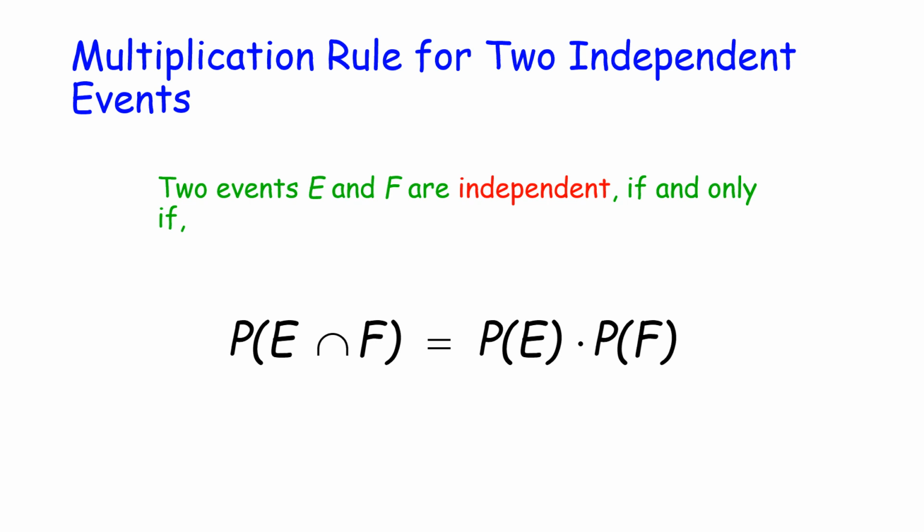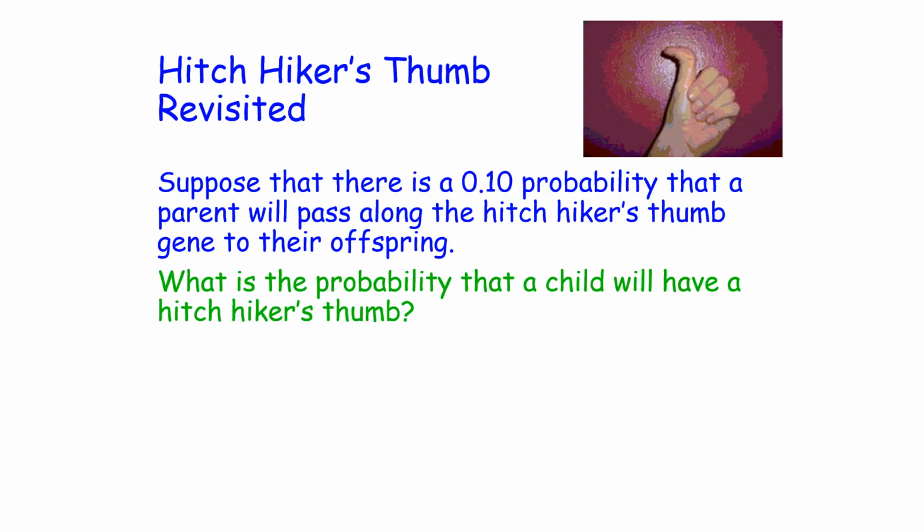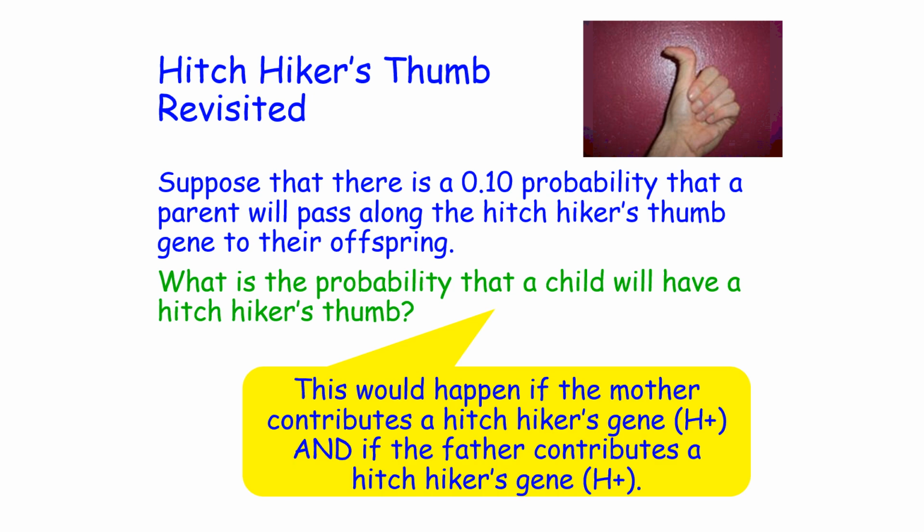Let's go back to the hitchhiker's thumb. Again, suppose that there is a 0.10 probability that a parent will pass along the hitchhiker's thumb gene to their offspring. What is the probability that a child will have a hitchhiker's thumb? This would happen if the mother contributes a hitchhiker's gene, or H+, and the father contributes a hitchhiker's gene, H+.